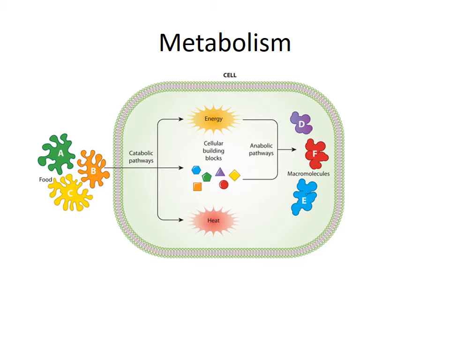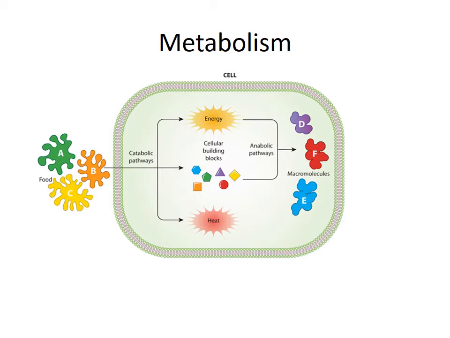And when we break those large complex molecules down, we're going to be making the building blocks for other parts of our body. And when we take those building blocks, as you can see in the center part of the diagram there, those cellular building blocks, we're going to put those together via anabolic pathways. What's an anabolic pathway?